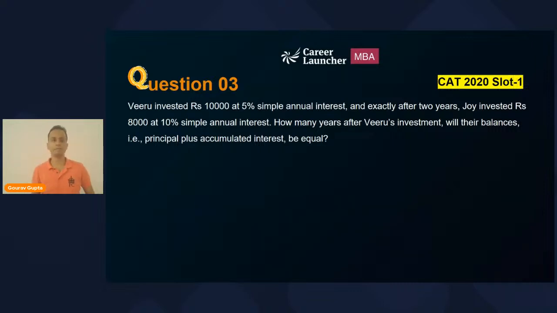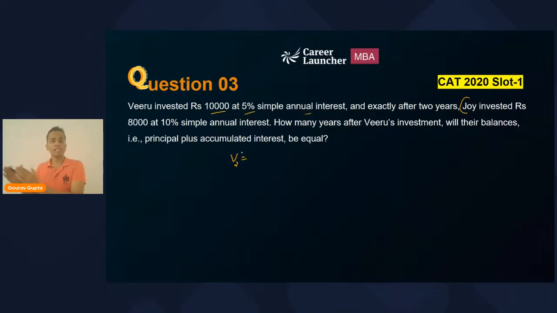You should not be taking this much time in such an easy question. How to save time? Viru started with 10,000 at 5% simple annual interest, and exactly 2 years later, Joy invested. What will be the amount of Viru after 2 years? Listen carefully and then write your answer.